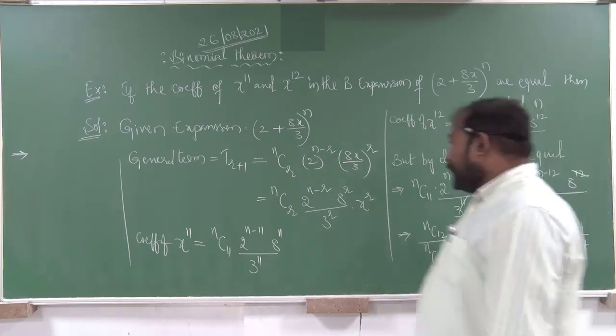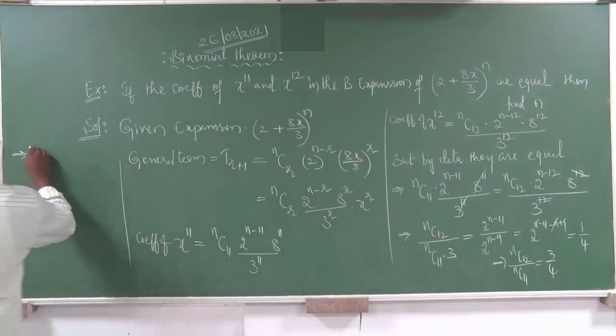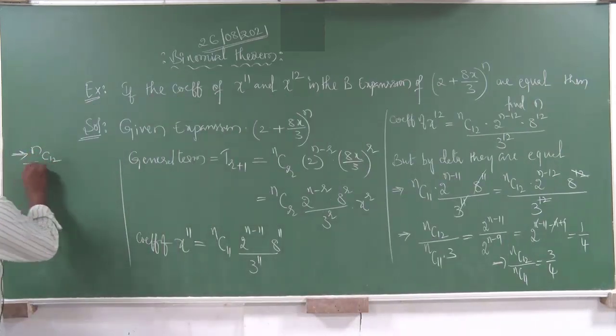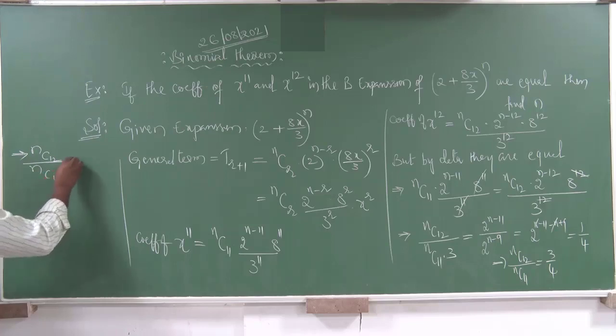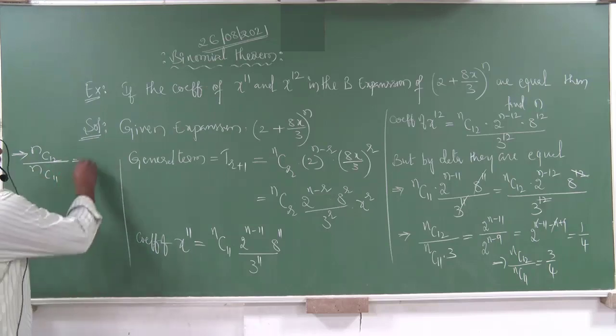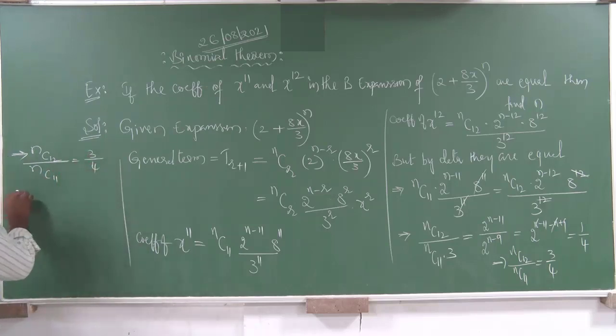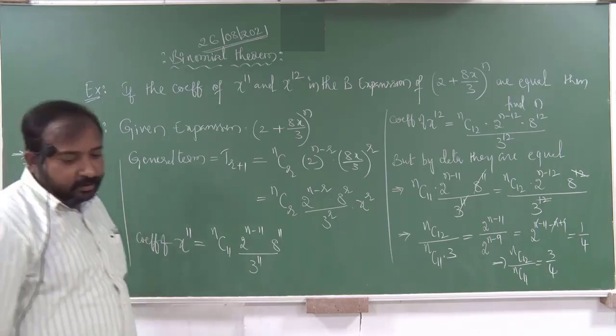Now simplify nC12. Here I am writing nC12 by nC11 is equal to 3 by 4. Then simplify. nCr means n factorial by n minus r factorial into r factorial. This is the nC12 value. Calculation part here I will do.